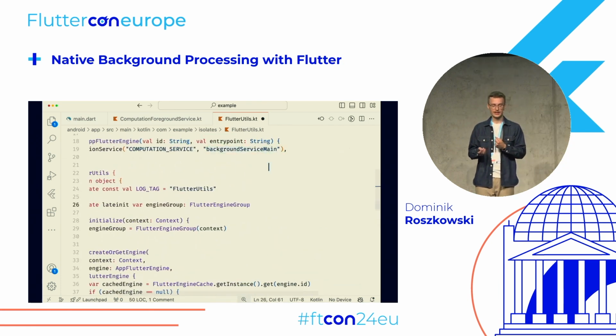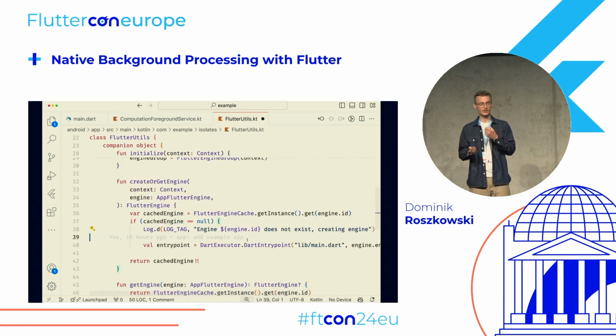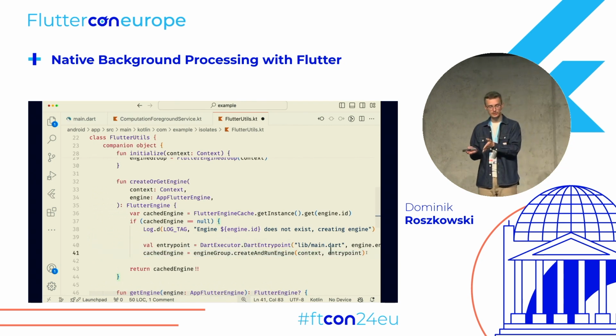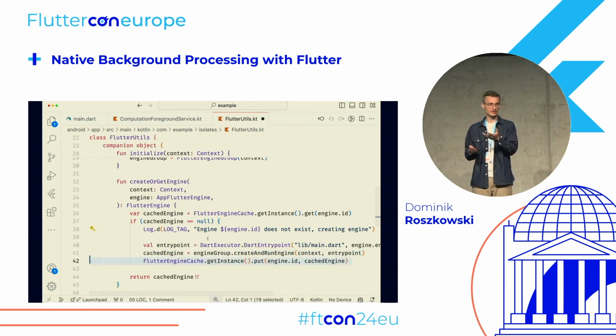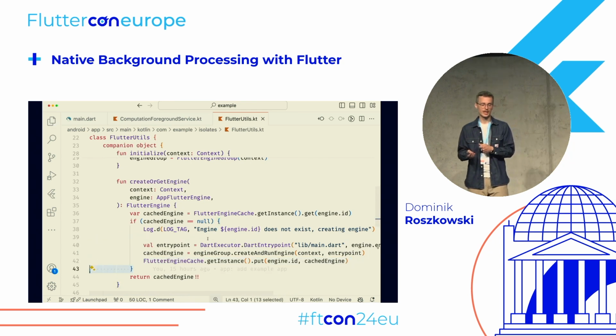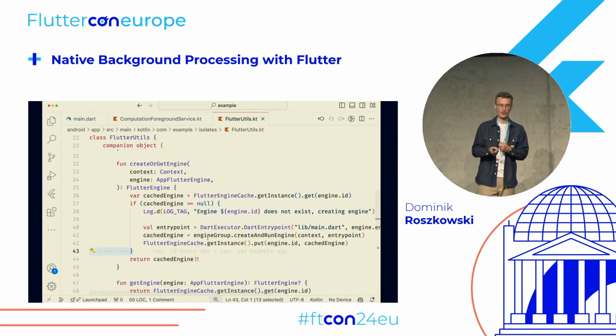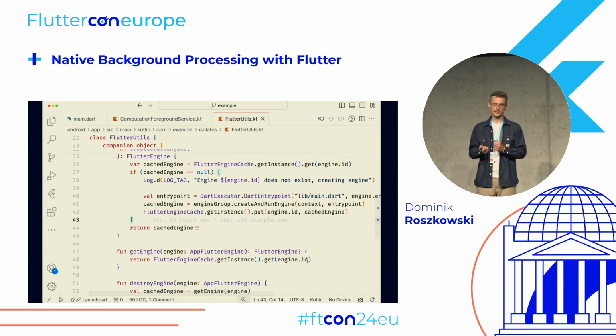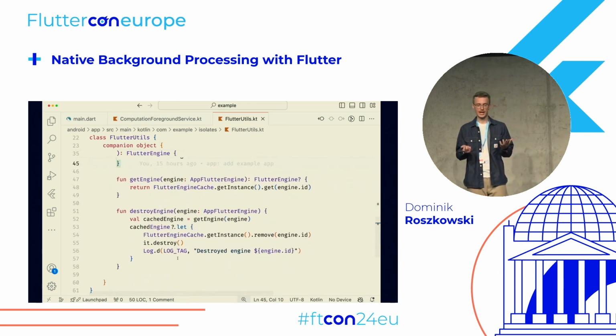Here we are just getting the Flutter engine from the engine group cache. We define the entry point. In this particular case, that's just main.dart and the function name backgroundMain. Once we have the engine, we store it in cache in case you ever need to use it again. And of course, once you're done with the job, you can destroy the engine and remove it from the cache.